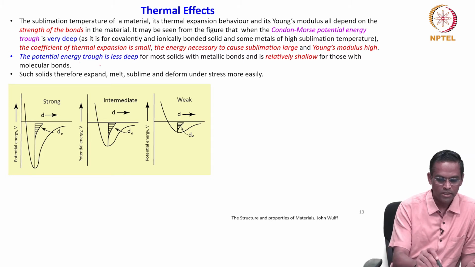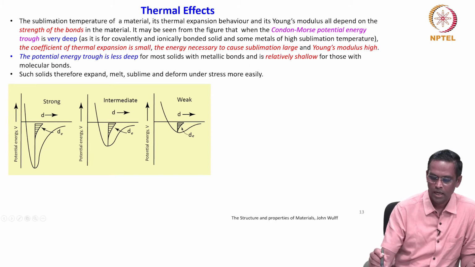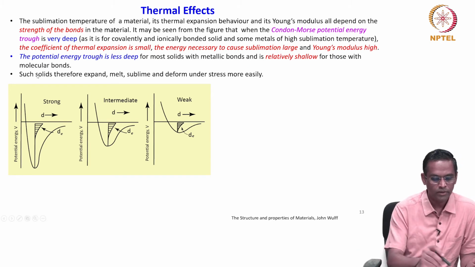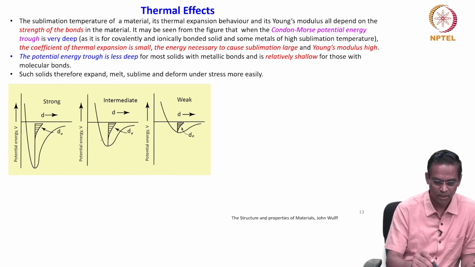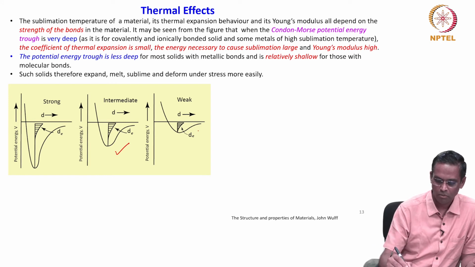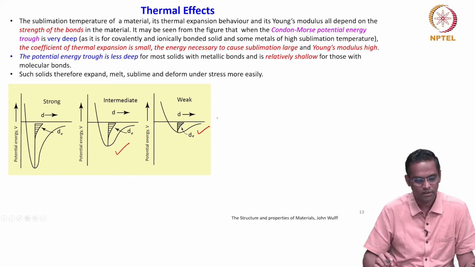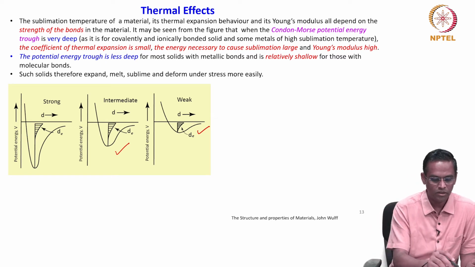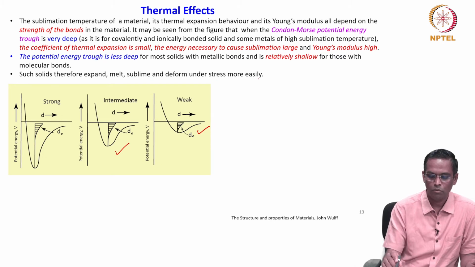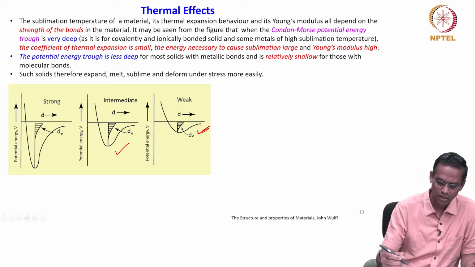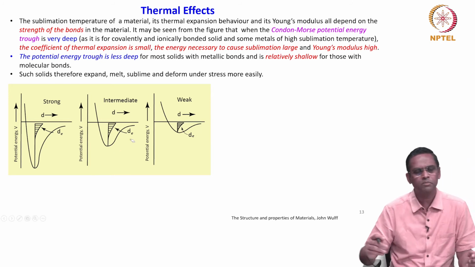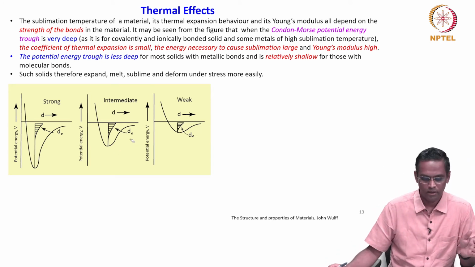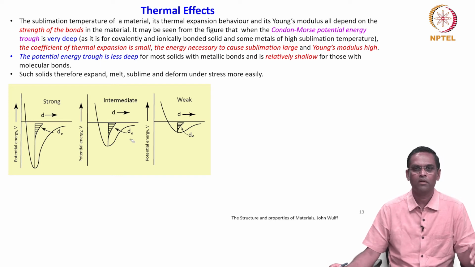If the potential energy trough is less deep, as for most solids with metallic bonds, it is relatively shallow for those with molecular bonds. So, for the metallic bond we can relate this, for molecular bonds like polymers this can be like this. Okay. Such solids therefore expand, melt, sublime and deform under stress more easily. So, now just by looking at the potential energy curve, we are talking about deformation.